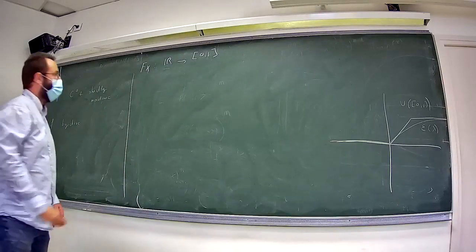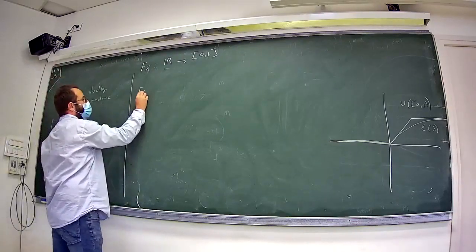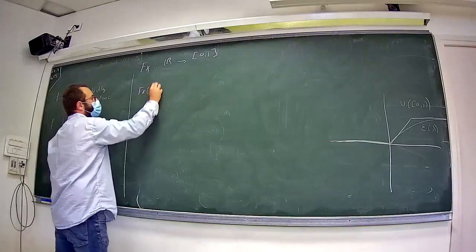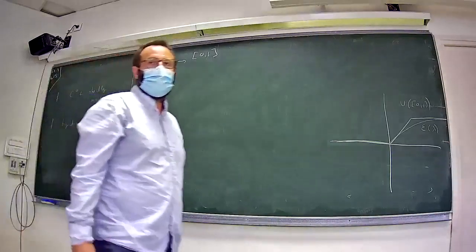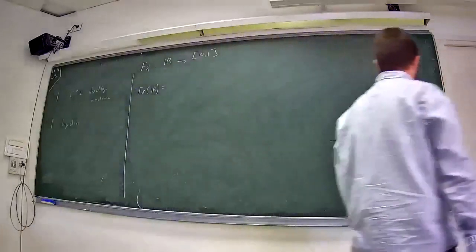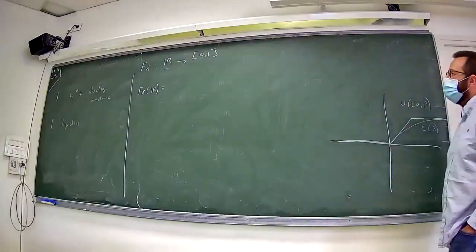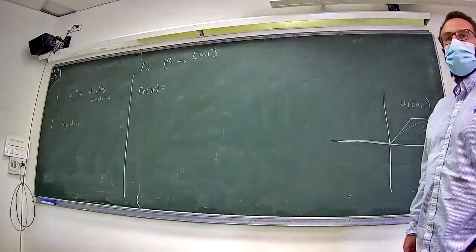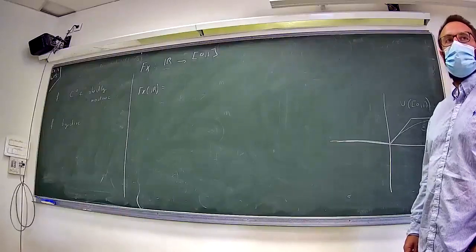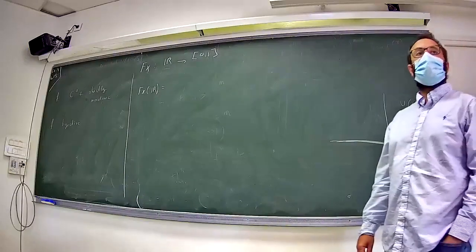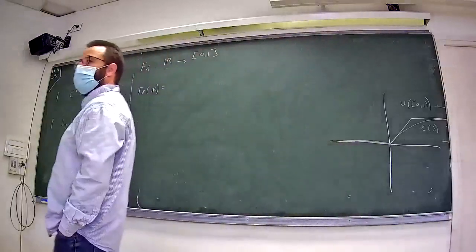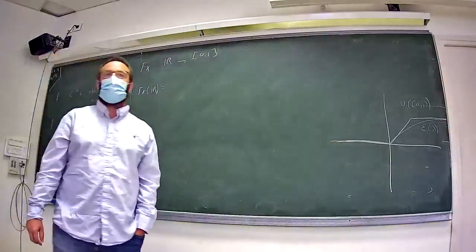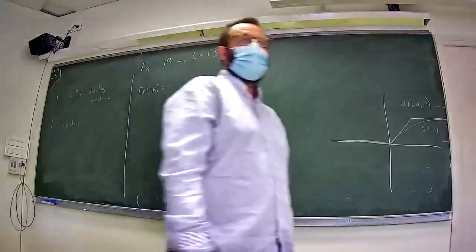What will be my image in this situation here? The image of f of capital X. It's a distribution function, so it has some properties. I know the limit in minus infinity is 0, the limit in plus infinity is 1.